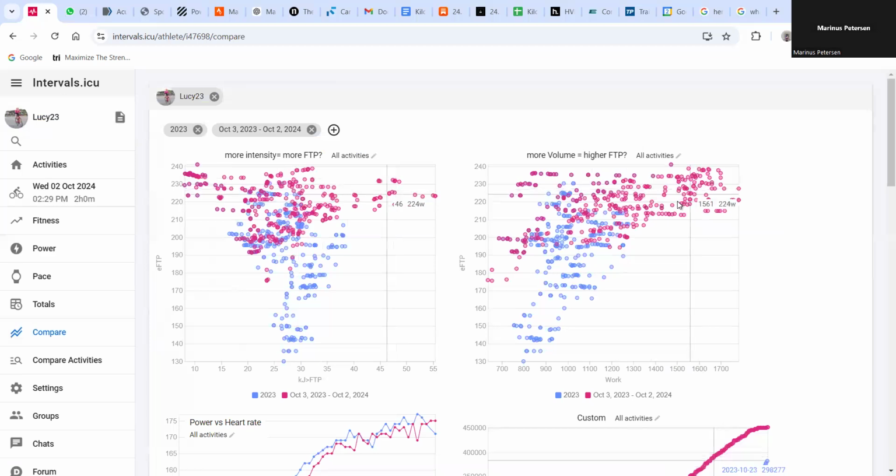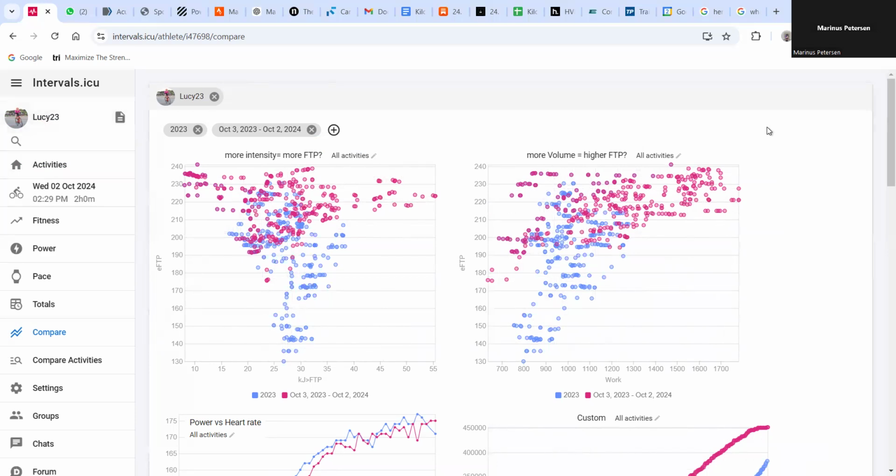You just can't. There's only so many hours in the day which you can recover from. And this person does also work a job. And then also, you're just getting closer to your genetic potential. So it's still a very good correlation, more volume, higher FTP, but not as steep as the previous year. So that's also quite interesting.